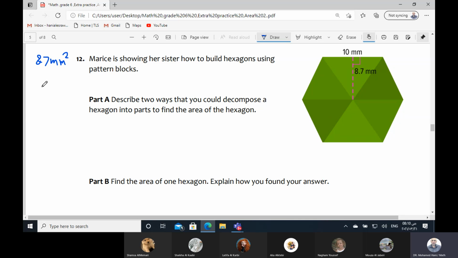Okay, thank you, Alia. Who has a different answer? Mister, I'm Nagam, I agree with Moza too. Thank you, Nagam. Who has a different answer? Mister, Shamsa, is it 87.2 millimeters squared? Okay, thank you, Shamsa. Who has a different answer?